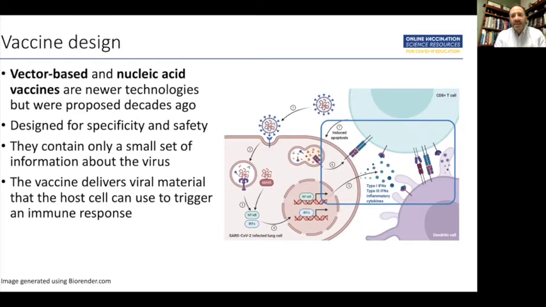So the vaccine then delivers that viral material so that the host cell can use it to trigger an immune response. And that's what's shown here in the panel in the figure on the right. Here, this is a SARS-CoV-2 infected lung cell, and it doesn't matter whether it's the live virus or the portion of the virus that is being incorporated into the vaccine.